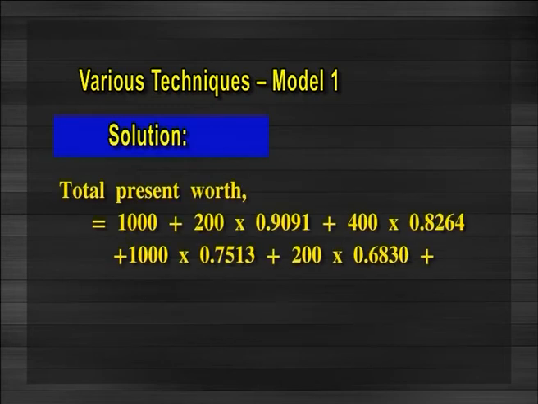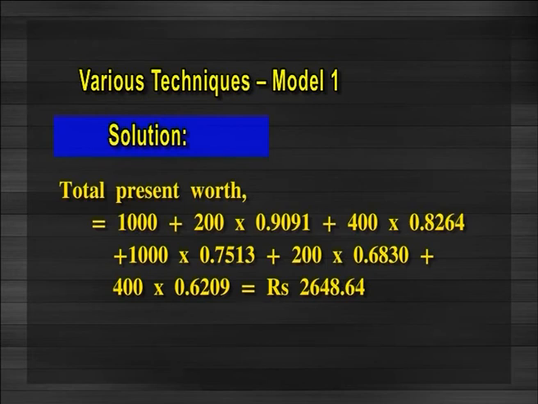Total present worth is equal to 1000 plus 200 into 0.9091 plus 400 into 0.8264 plus 1000 into 0.7513 plus 200 into 0.6830 plus 400 into 0.6209, which is equal to rupees 2648.64. This is less than the total present worth of machine B. Thus, machine A should be purchased.